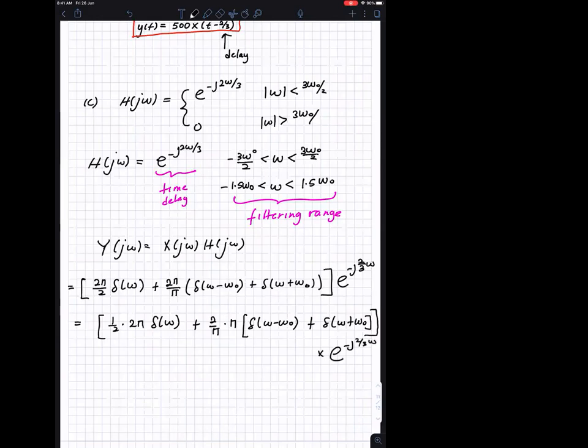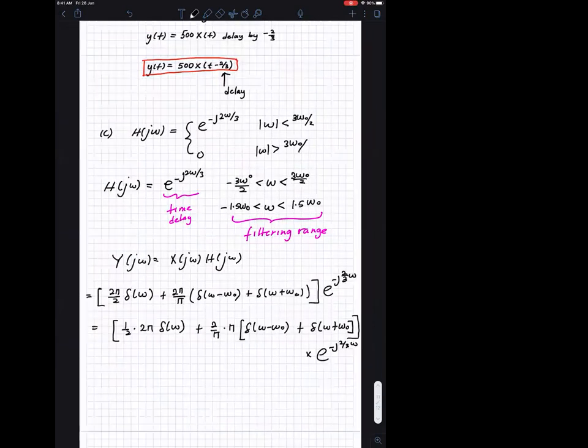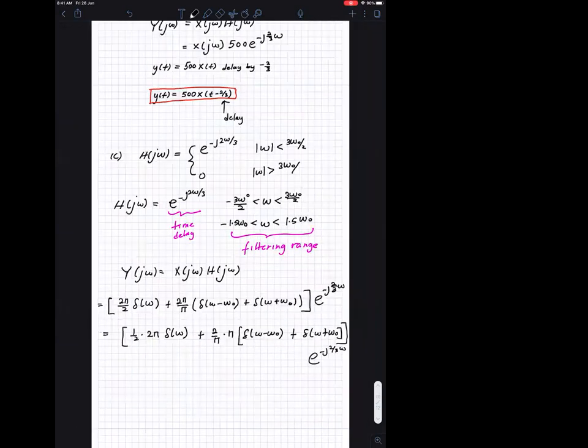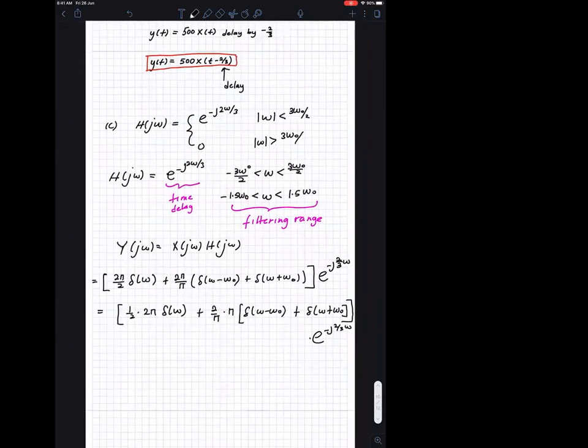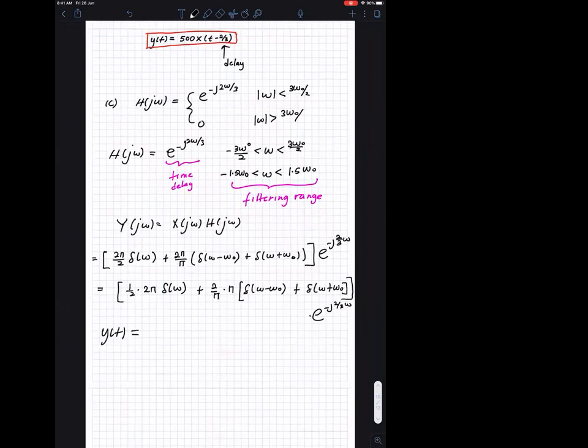Now you take the inverse Fourier transform. For multiplication, I just put a dot here. We did this part earlier.